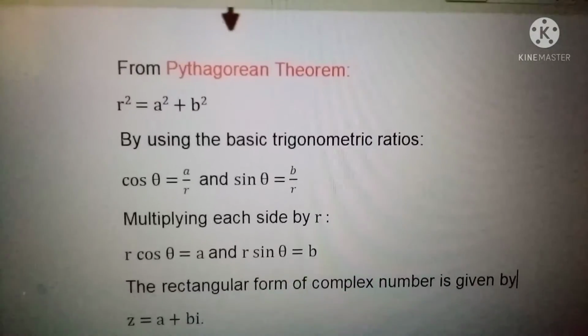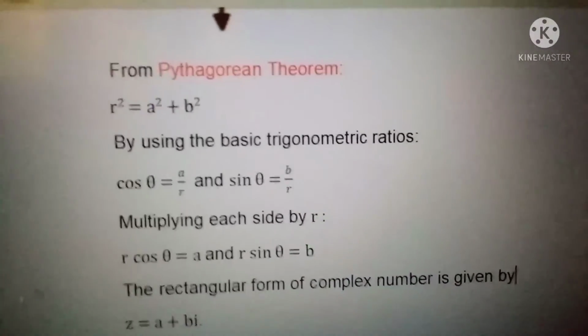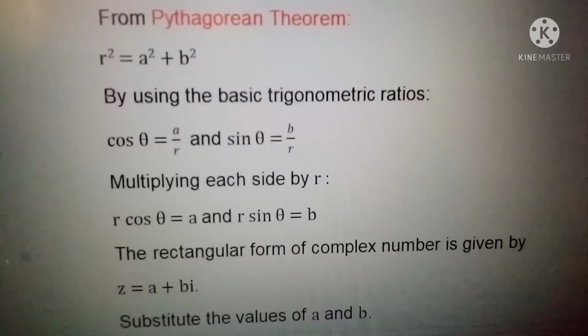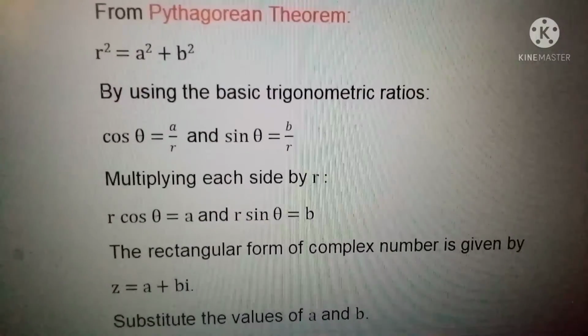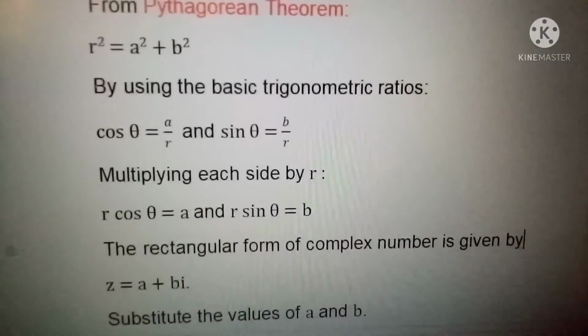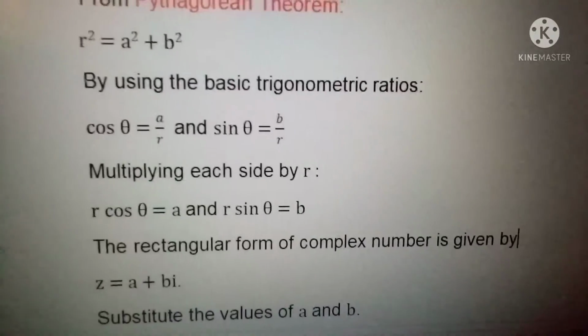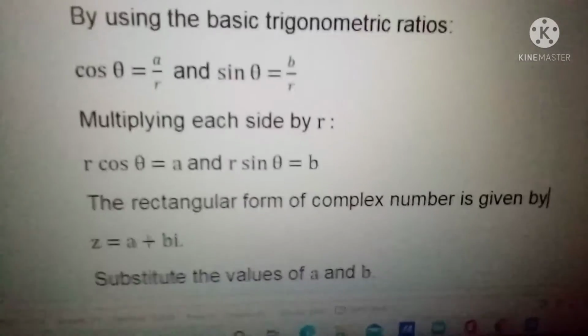So, from the Pythagorean theorem, r squared is equal to a squared plus b squared. By using the basic trigonometric ratios, cosine theta is equal to a over r and sine theta is equal to b over r. Multiplying each side by r, r cosine theta is equal to a and r sine theta is equal to b.